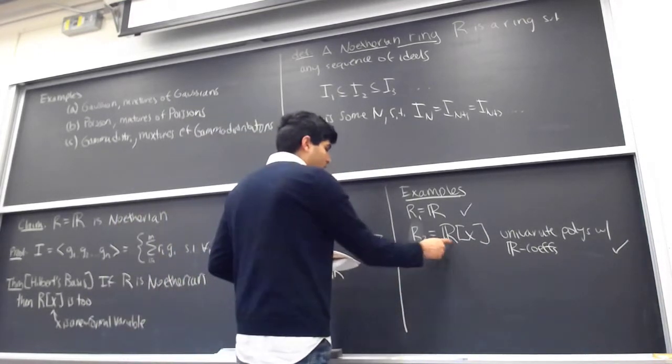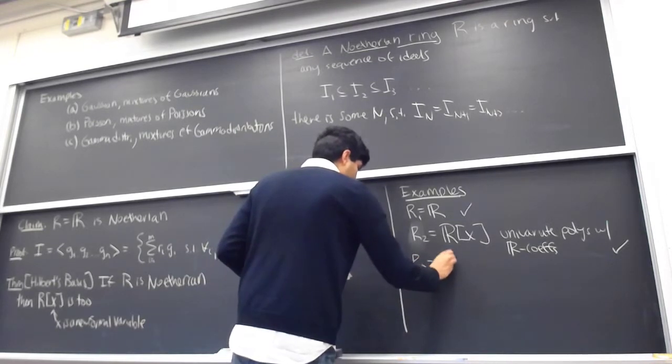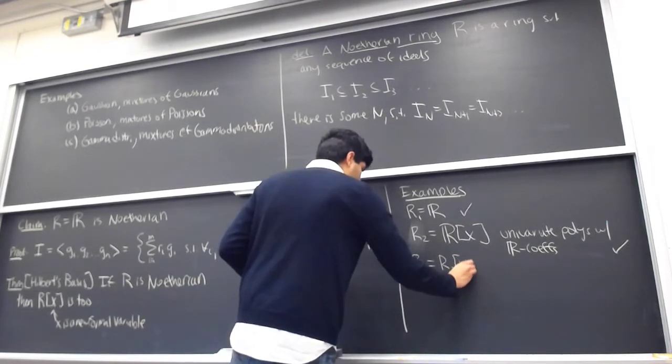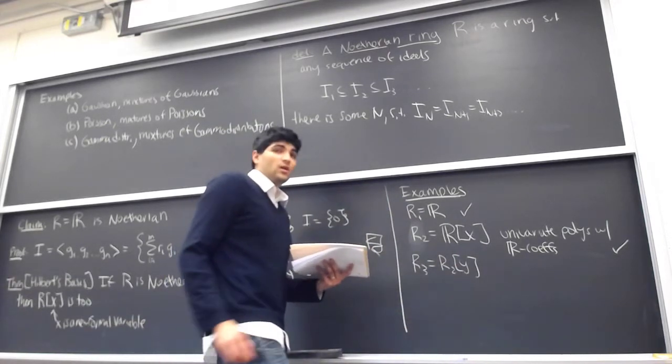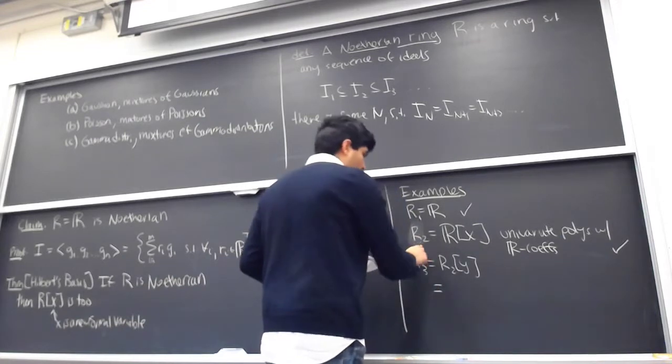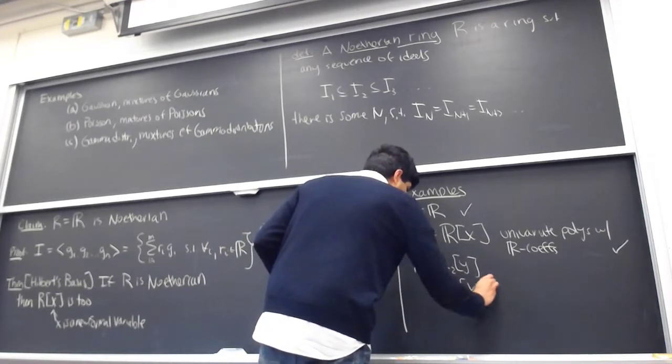Now what I can do is something more interesting, because I can look at R of 3, which is R2 of y, where y is a new formal variable. And what I'm really getting when I plug this in is R of x1.